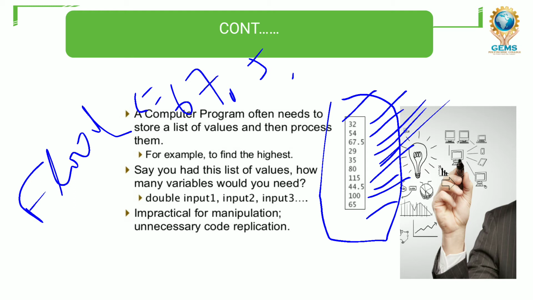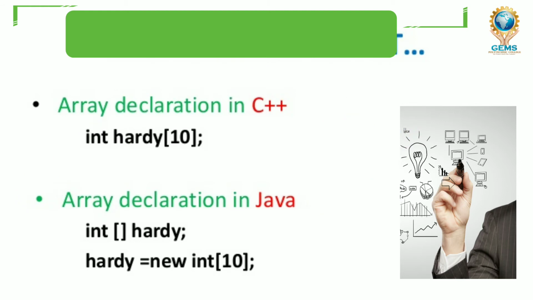It's a tedious process. To avoid all these kinds of unnecessary things, we are using the array concept in a programming language. I hope that you understand this clearly. So you can declare an array and we can store n number of elements in that particular array.